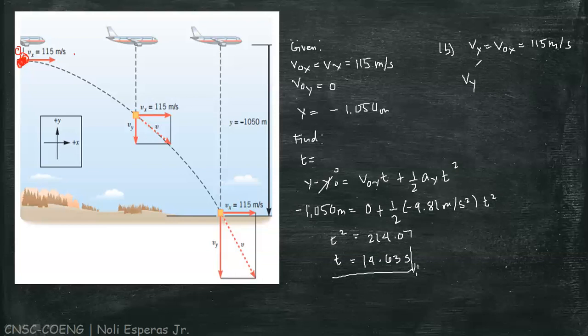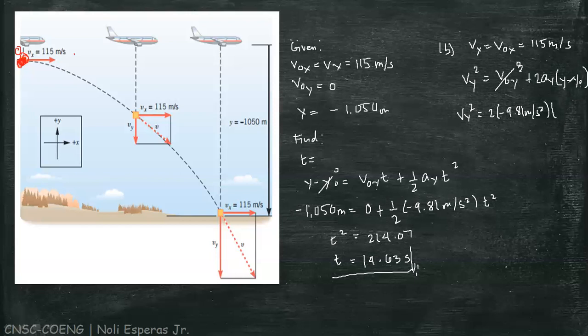So we can use the equation final velocity squared is equal to the initial velocity squared plus 2a times the displacement. Then let's substitute for the values. So our initial velocity is 0. And for acceleration, we have negative 9.81 meter per second squared.